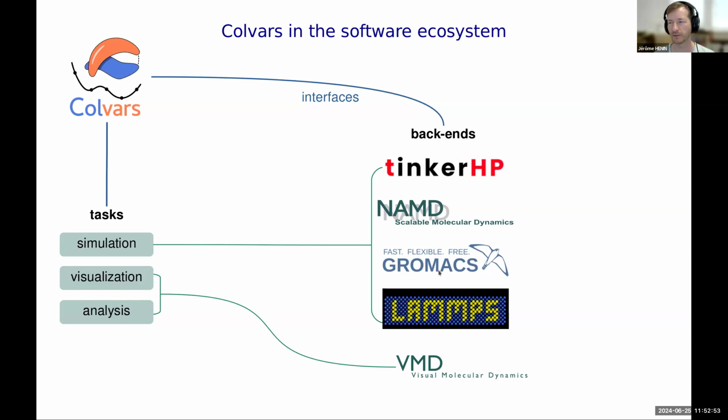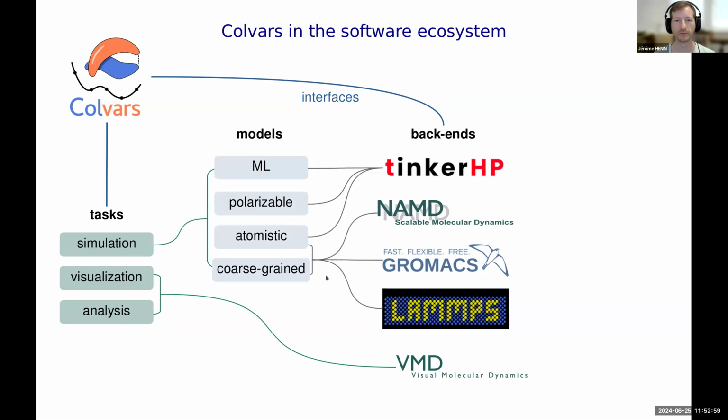Now, what's the merit of being interfaced with all of these different simulation software? One of the merits is that these different packages implement a number of different models, like different force fields or types of models, like machine learned force fields, polarizable models, atomistic and coarse grain simulations. Most of them can do a lot of stuff, but they are specialized more or less in different types of models.